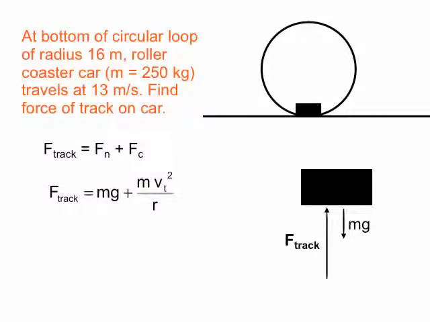We'll put those two together. The normal force is, of course, mg. We can equate that. And remember, one of the ways to find centripetal force is mass times tangential velocity squared over r.